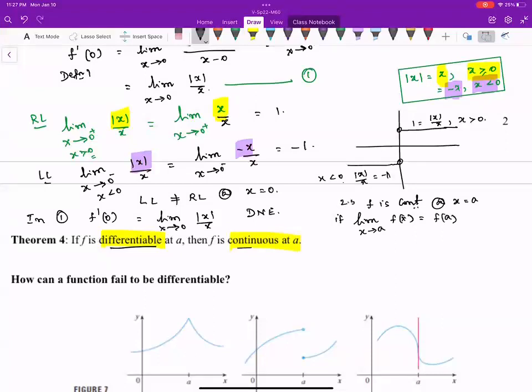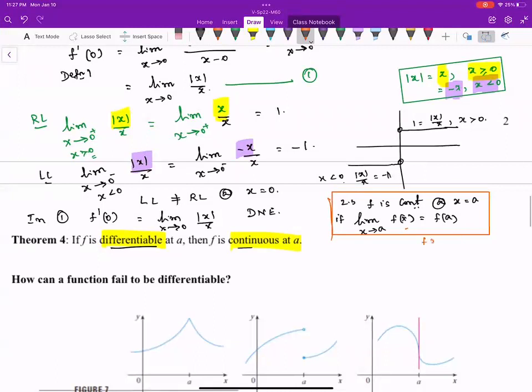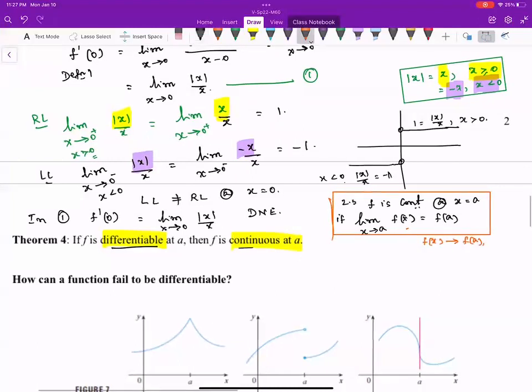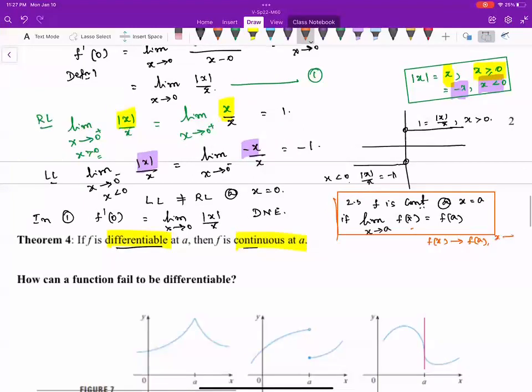This we saw in 2.5 as the definition of continuity. In other words, we have to show that f of x approaches f of a as x approaches a, or the difference between the two is 0. That's what we have to show.